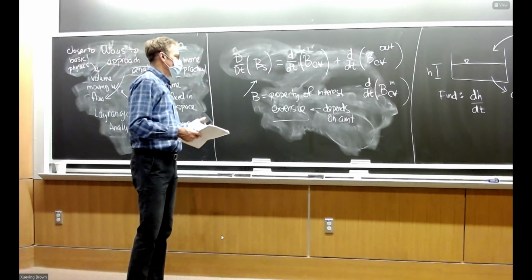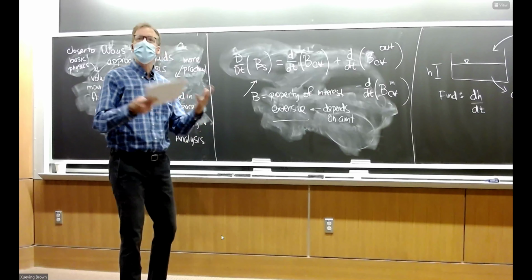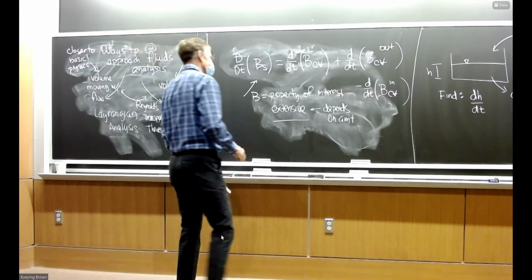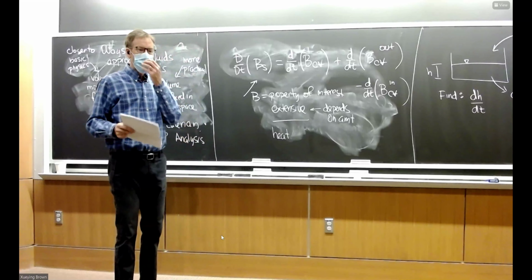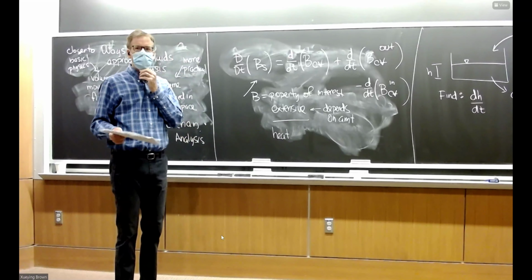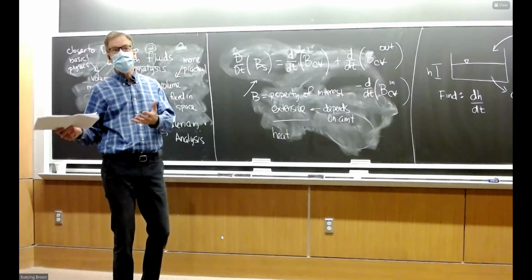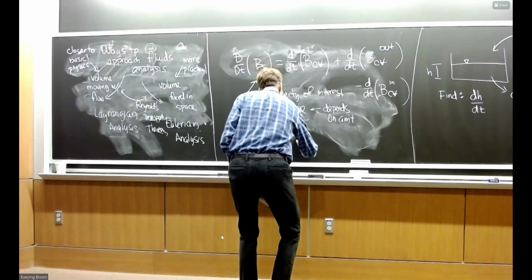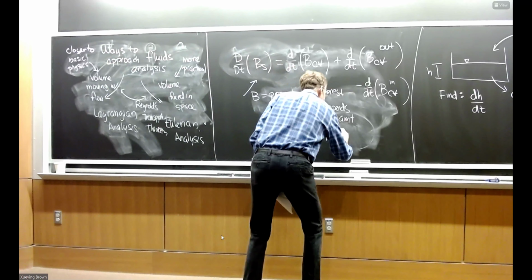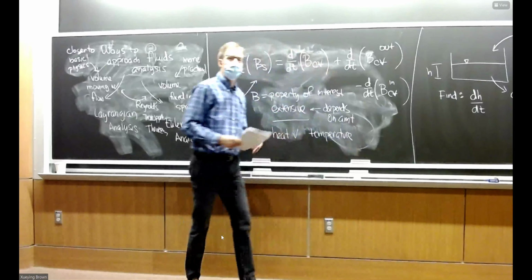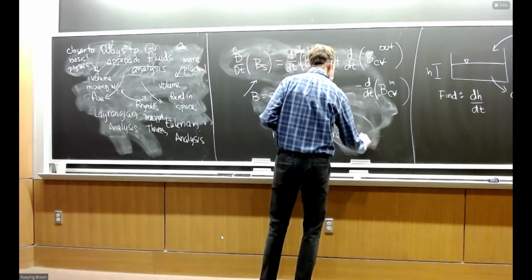So an example is if you were interested in the heat that's in a control volume, that's extensive. Because if you have something that's twice as big, it'll have twice as much heat at a particular temperature. So heat, yes, extensive, but temperature doesn't depend on the amount that you have. So temperature is not extensive.